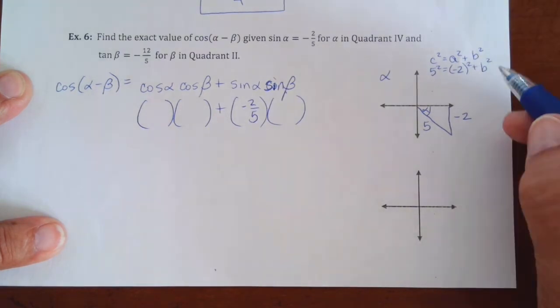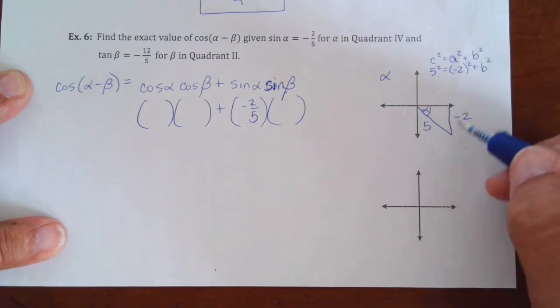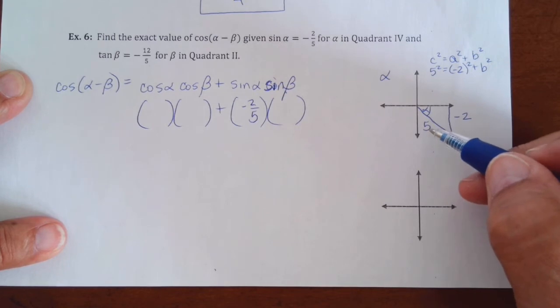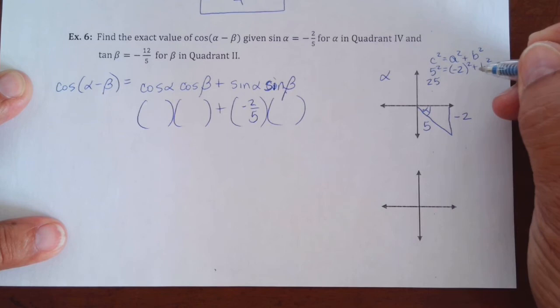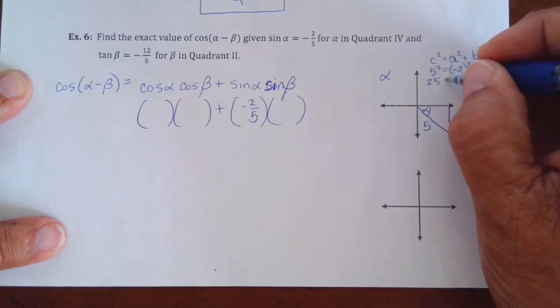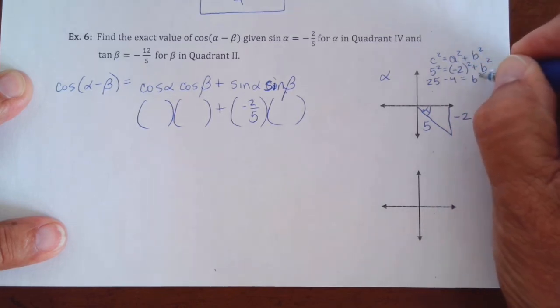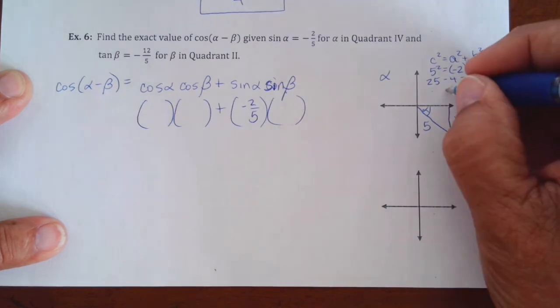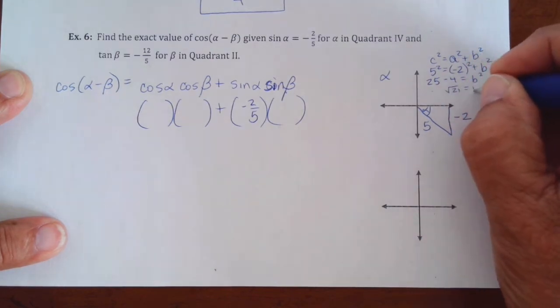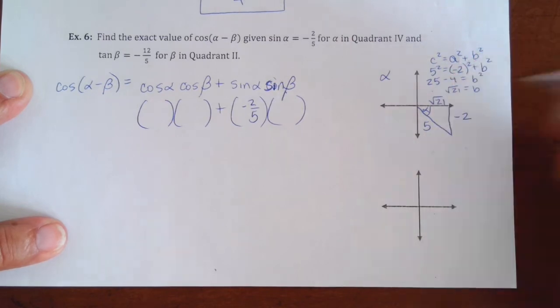You can use x, y, and z, doesn't really matter. We're just doing the Pythagorean Theorem, and I know this is the hypotenuse. So that would be 25, and then I'm going to get 4 over here, so I'm going to subtract 4. So b squared is 21, so b would be the square root of 21, right? So that's that side right there, the square root of 21.